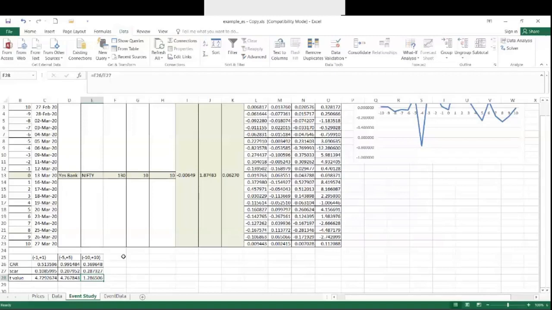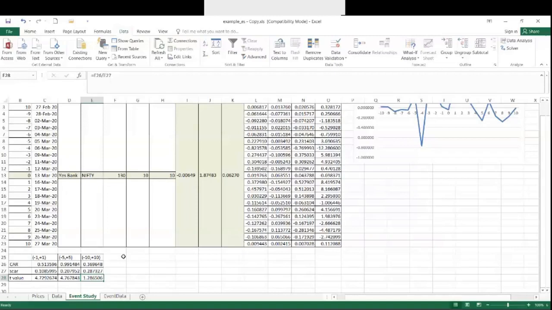Now, what are the possible extensions? Consider having a sample of all the firms which have been excluded from the indices. So the major index, let's say for the BSE, is Sensex, correct? You can say that I want a sample of firms that have been excluded from Sensex over a period of time.